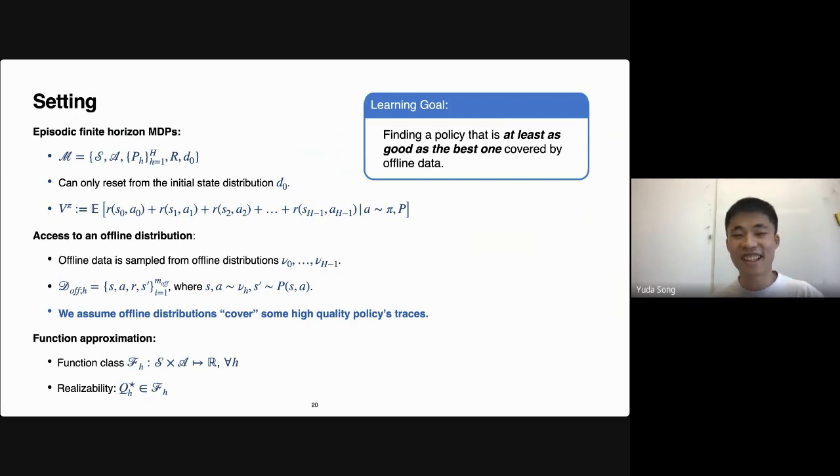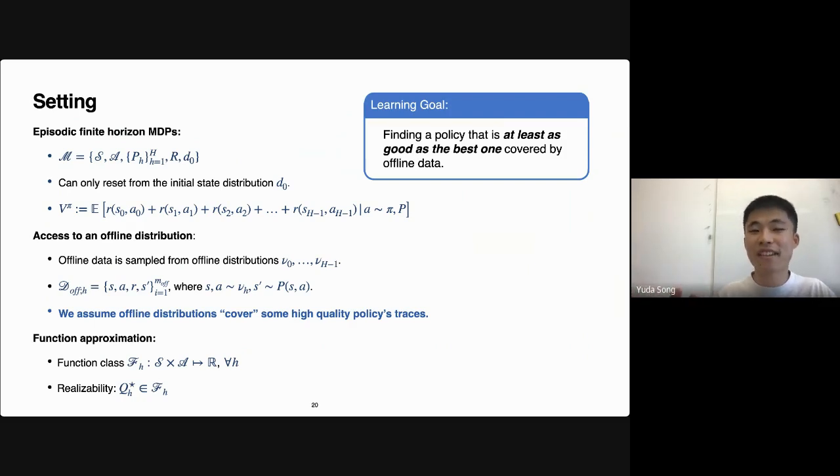I know this is slightly unusual compared with the usual learning goal of finding the globally optimal policy. But let me give you a quick intuition for why this makes sense. Imagine you're doing this hybrid RL setting, and I gave you completely random data for the offline setting, and I also promised you that I won't do any explicit exploration online. You can imagine the offline data actually does not help you.